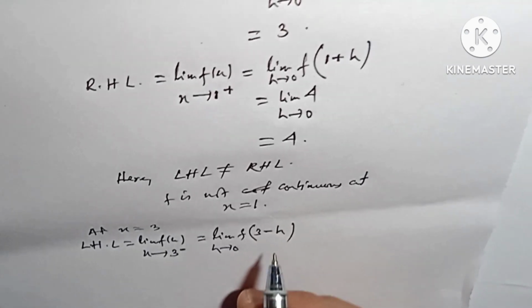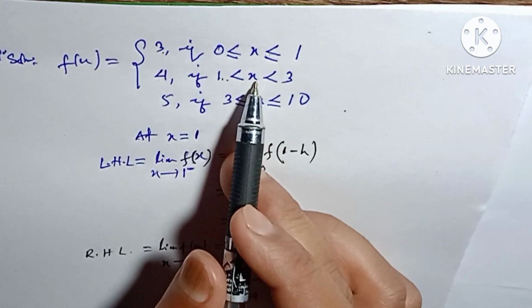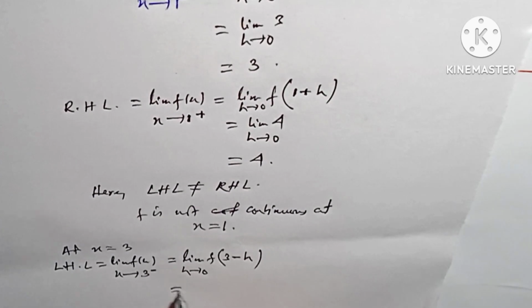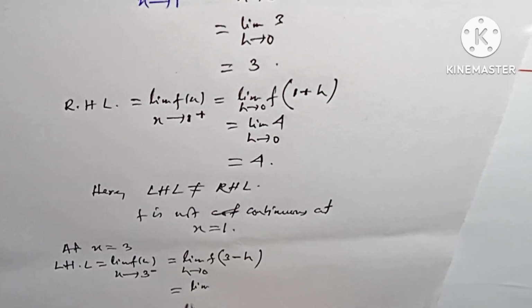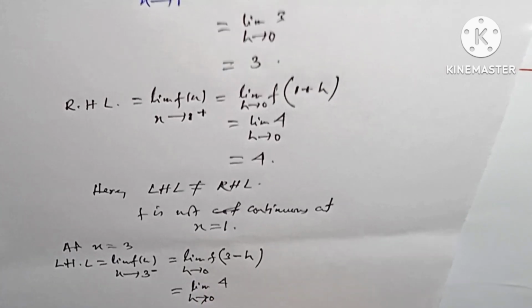Left of 3, x less than 3, is equal to 4. So the limit as h approaches 0 is equal to 4.